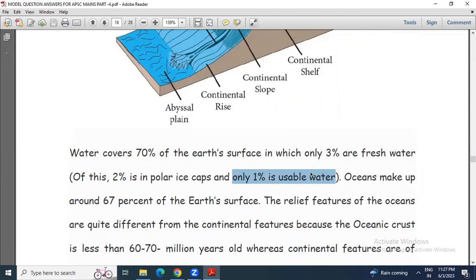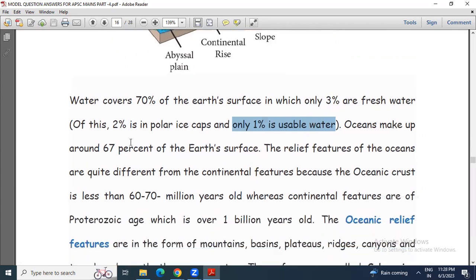So we have 70% water on the Earth's surface, but out of that, only 3% is fresh water. And out of that 3%, 2% is the polar ice cap, and only 1% left is usable water. Now, oceans make up around 67% of the Earth's surface.